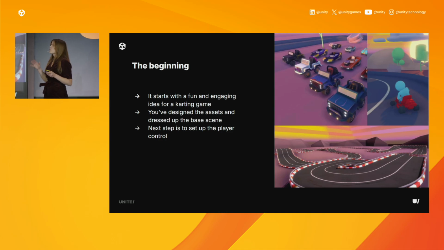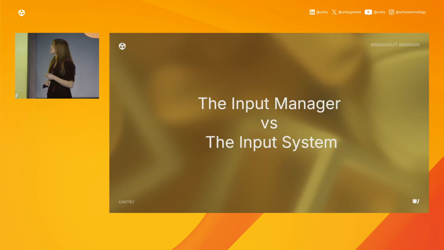Let's say we've already designed the car assets, the racing track assets, set up the base scene. And really, we get to a point where we want to set up the player control. So you might be wondering, what should we use to do that? Well, let's go through the two solutions that Unity offers today.